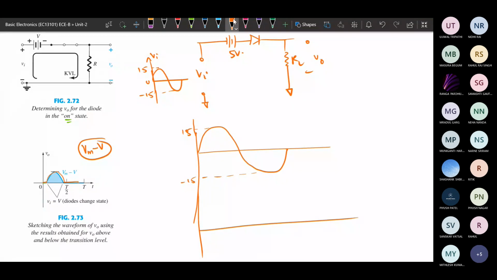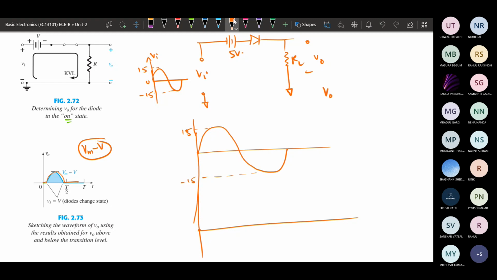If we apply 0 voltage across here, it is still positive, which means this diode is on because it already has a 5 volt supply. So even if the input is 0, the diode is on. Whatever the input voltage, we say it is on.